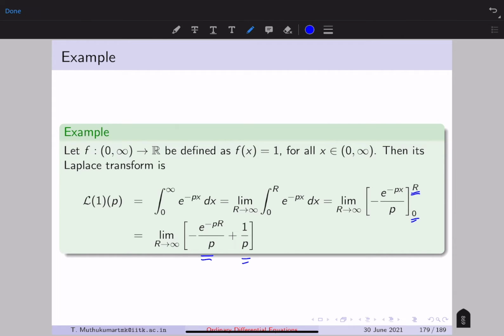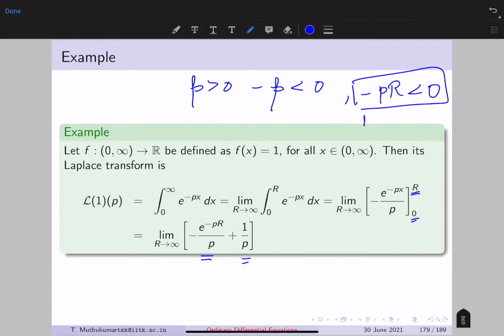P is fixed, as we said, p we will be taking as positive. In fact, the limit will exist only when p is positive, because when p is positive, minus pr is negative.